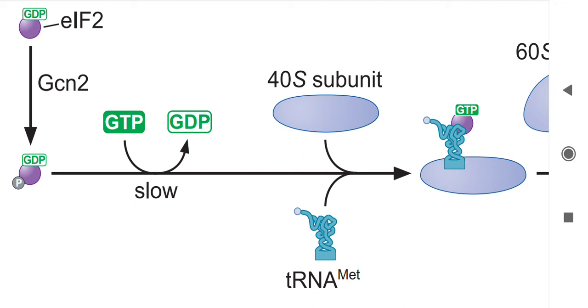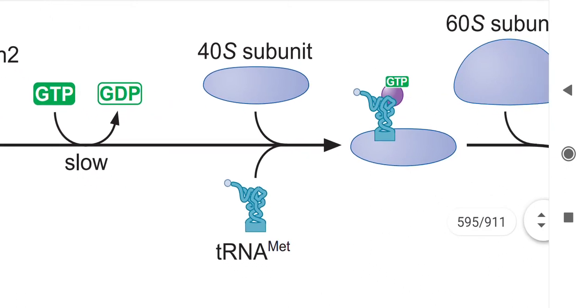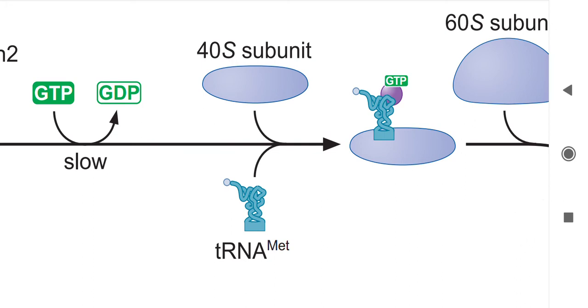So when EIF2 is modified due to phosphorylation under amino acid starvation, it reduces the affinity to bind with the small ribosomal subunit, and thus there will be less charged tRNA, that means tRNA attached with methionine. That initiator tRNA will be less available, right?